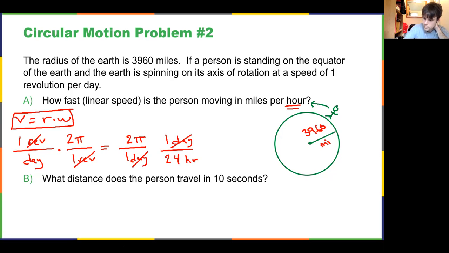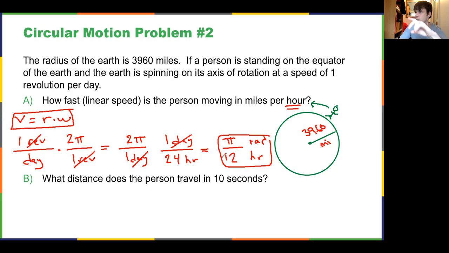Okay. Maybe I don't want to do that. Maybe I just want to do this here. So this is equivalent to pi over 12 radians per hour. So that is our angular speed in radians per hour. And I'm leaving it this way since we are dealing with really big numbers. If I round too early, this could be a problem.